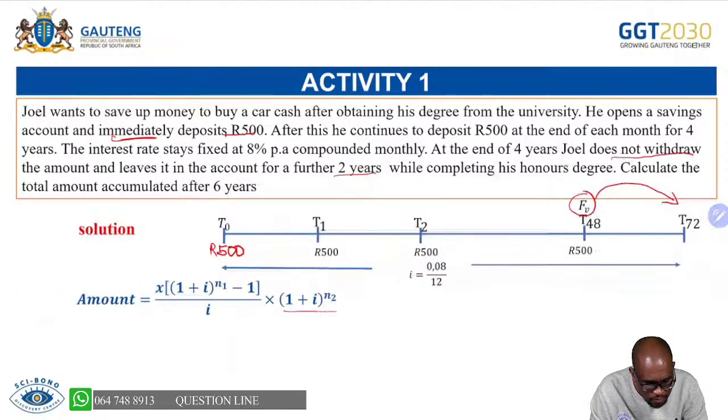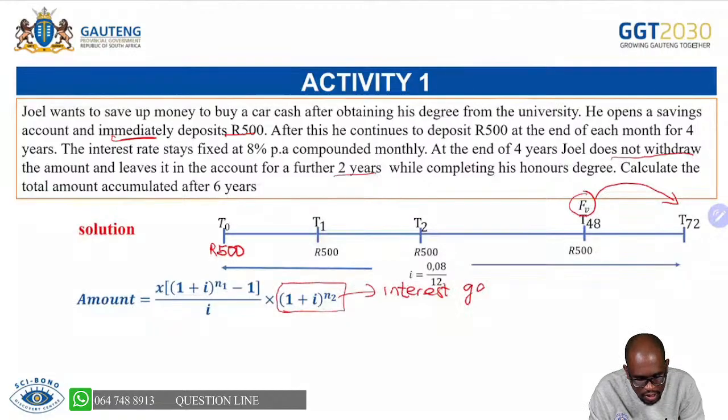This accounts for what? Interest gained by the amount after the annuity has stopped.